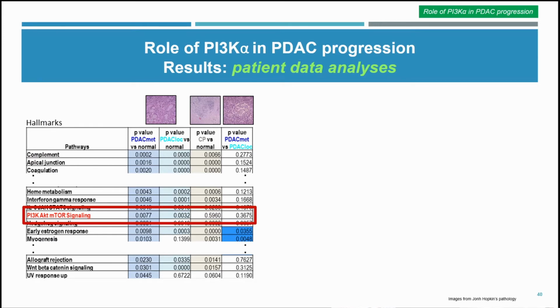patient databases where we analyzed the expression of 50 hallmarks that could be altered in normal, chronic pancreatitis, localized or metastatic pancreatic cancer patients. What we observed was that in pancreatic cancer patients, there was a higher expression and activation of the PI3K-AKT signaling.